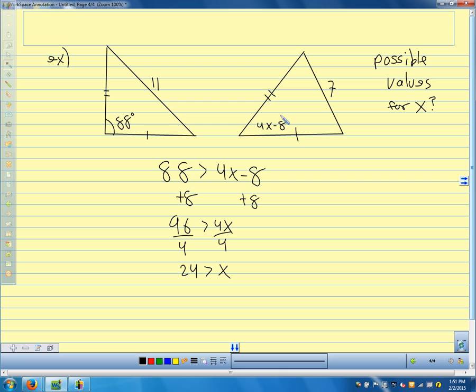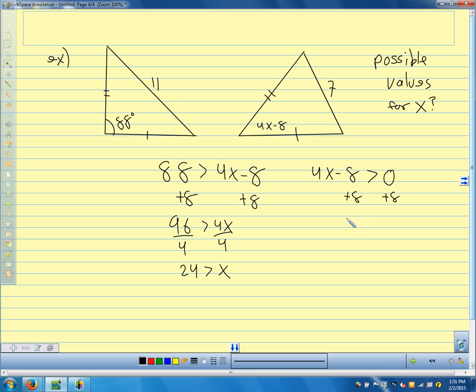If that angle were 0, those two sides would be right down against each other and we wouldn't have a triangle. So this angle 4x minus 8 has to be bigger than 0. If it equals 0, then we don't have a triangle at all.